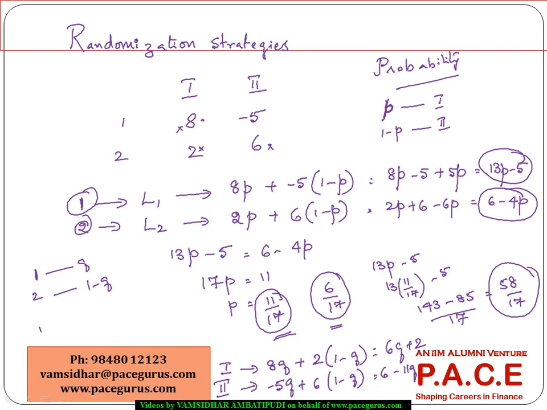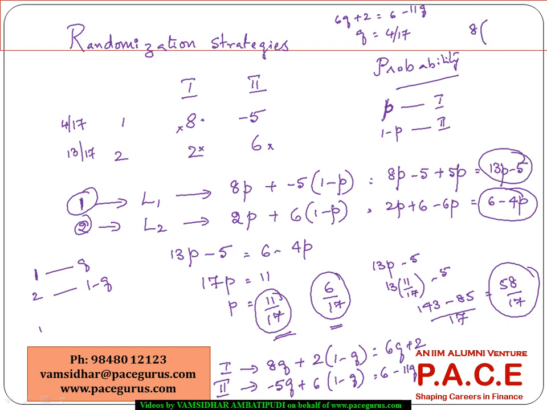Now again, these are the gains. Now he has to get the maximum possible gain. That can occur when both of them are equal. 6Q plus 2 is equal to 6 minus 11Q, resulting in Q is 4 by 17. So he has to choose strategy 1 with a probability of 4 by 17 and the second strategy with a probability of 13 by 17.